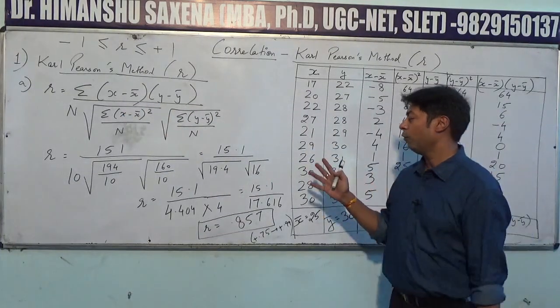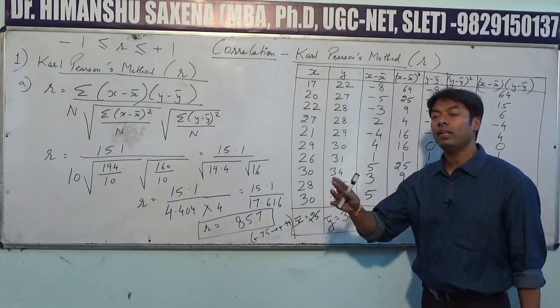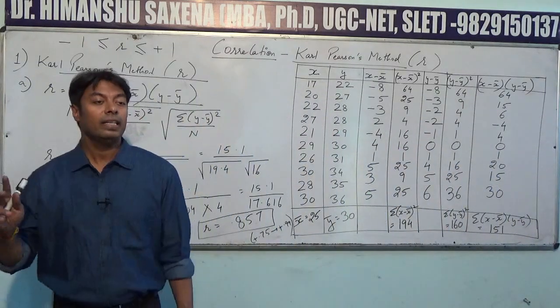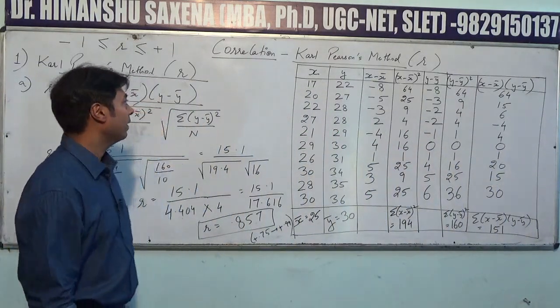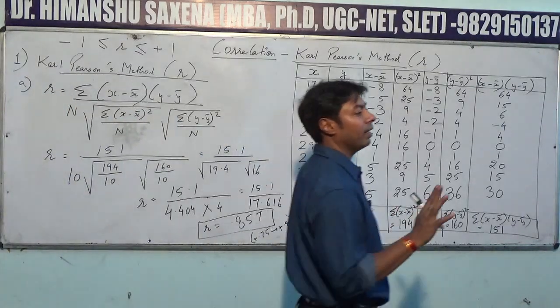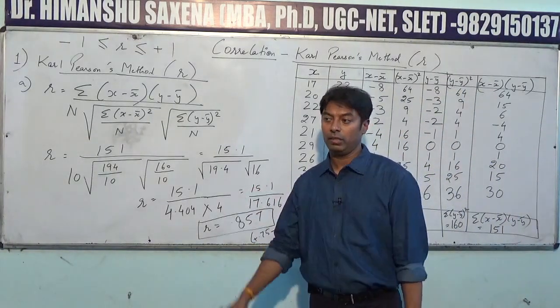That means the marks of these two subjects are highly correlated with each other. So this is the significance of correlation, and we did it with the first model, that is the direct method in Karl Pearson's coefficient of correlation, right?